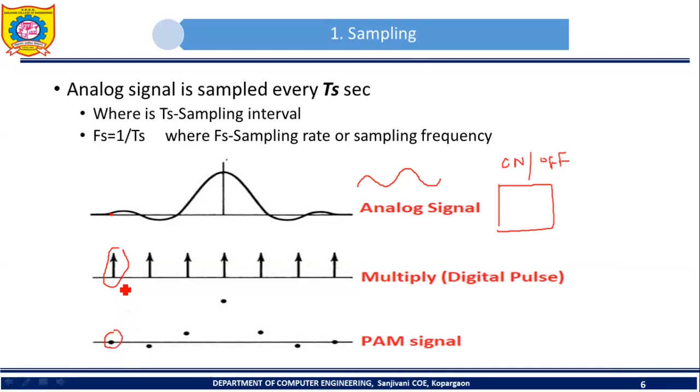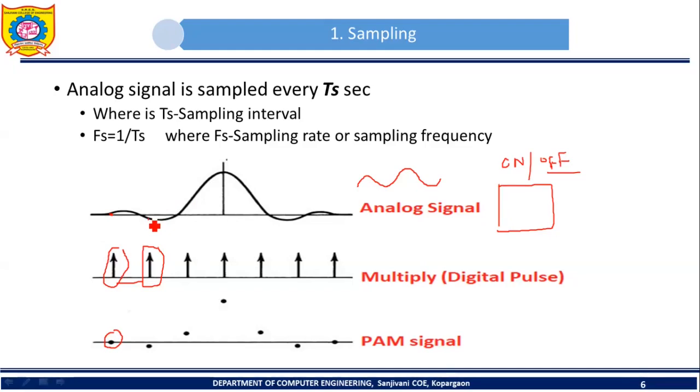Now see here there is no pulse. So that's why this particular switch will be in the off condition. Just the analog signal will pass through it. Now here again see one more digital pulse. Due to this digital pulse, let's assume that this switch will be on. So what will happen? The value of the analog signal at that particular instant will be recorded.